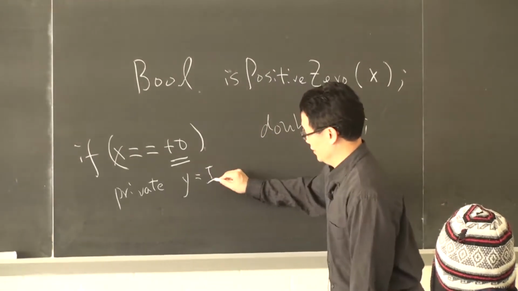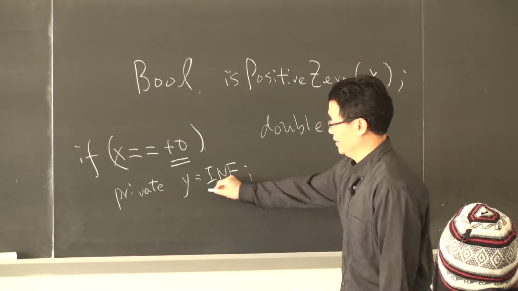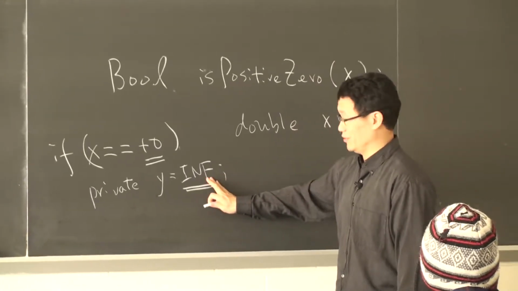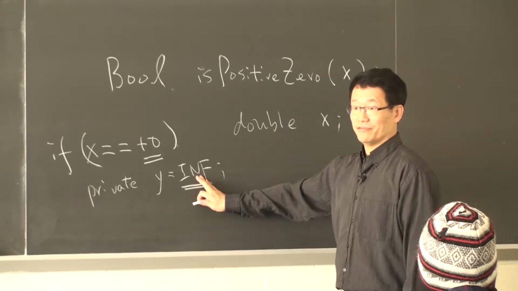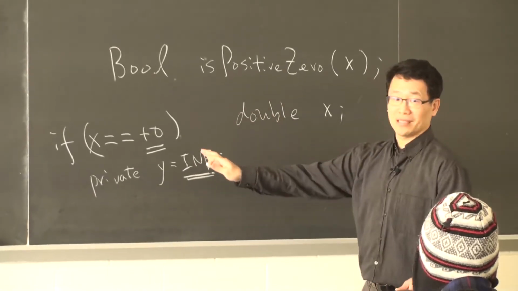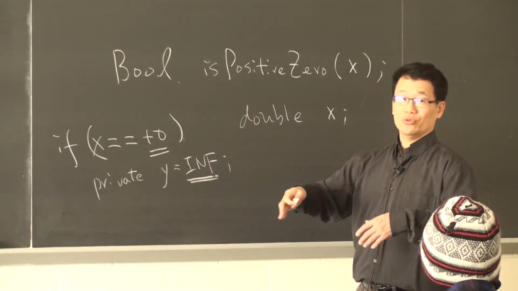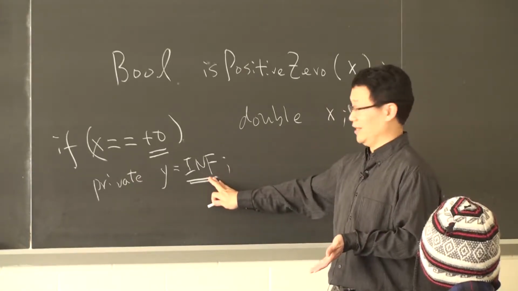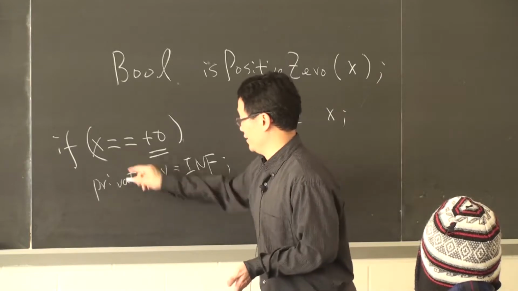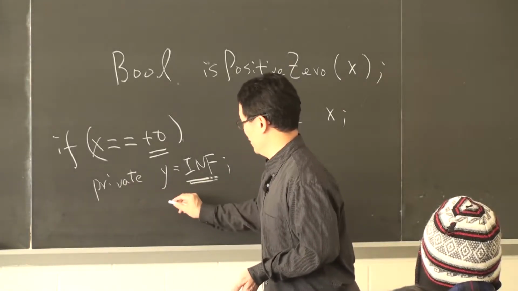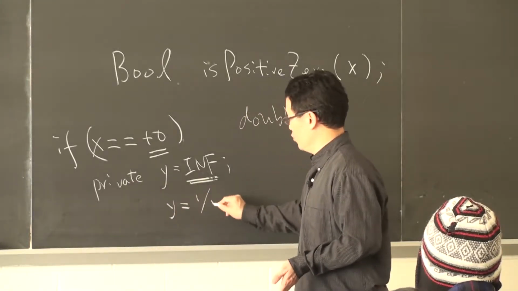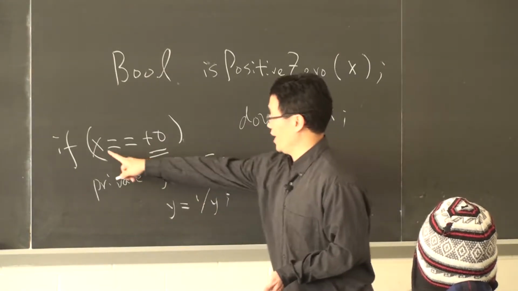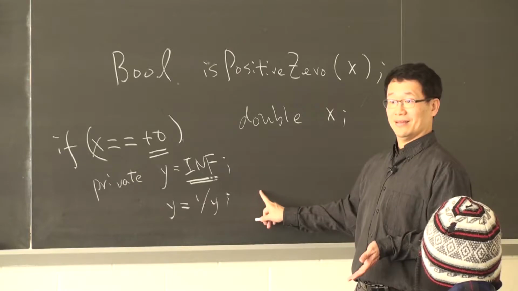Again, this is usually not supported. You need to generate the infinite from, say, double max times 2, say, 10 to the 1,000. Whether you generate an infinite, and you assign your x. And then y is equal to 1 over y. And then you ask whether your x is equal to y.